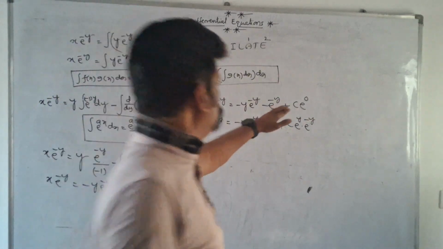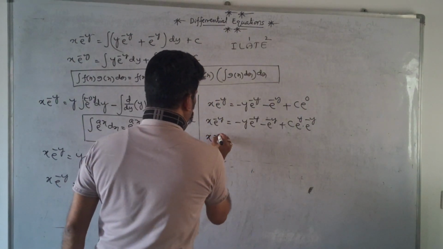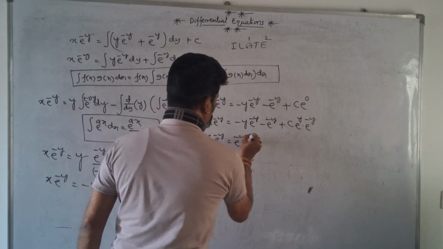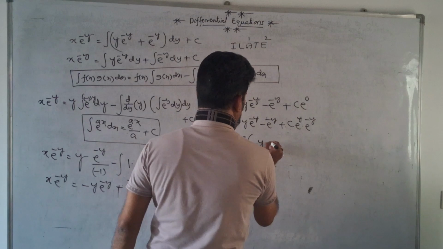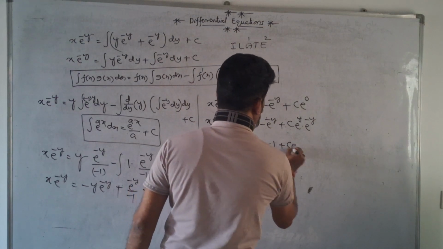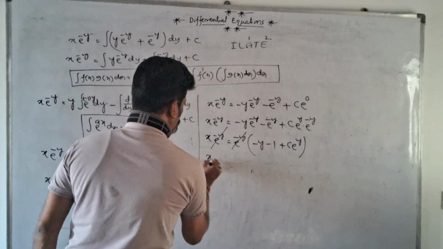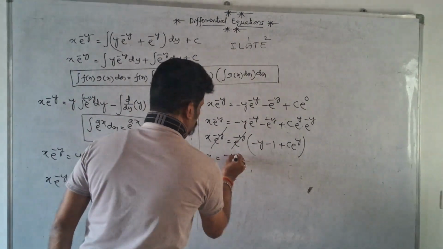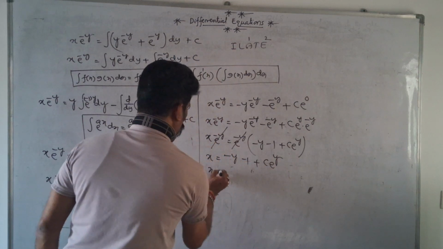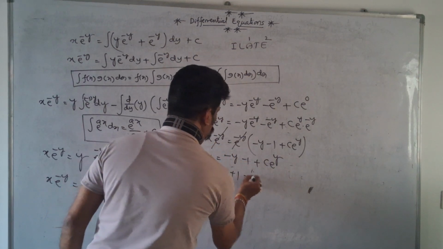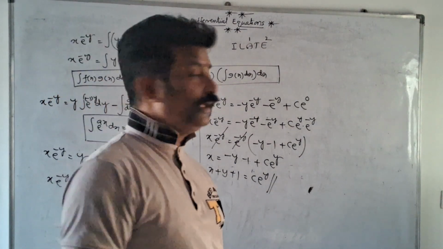So x times e to the power of -y is equal to e to the power of -y common, giving (-y - 1) plus c e to the power of y. This cancels, so we get x = -y - 1 + c e to the power of y. So x + y + 1 = c e to the power of y. This is the final answer.